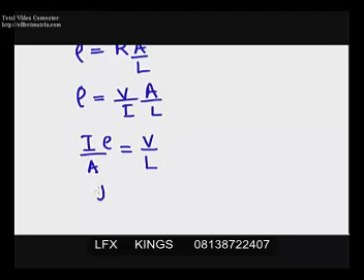So current density J multiplied by resistivity is equal to V over L.